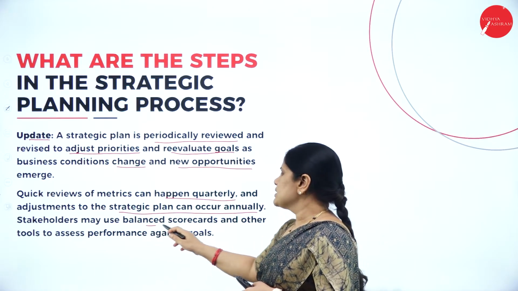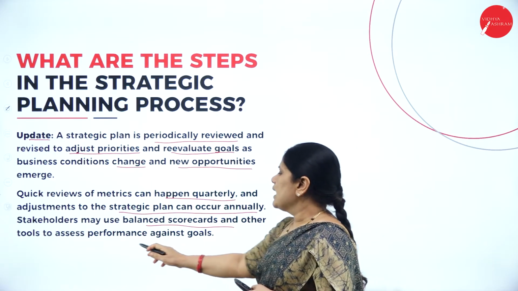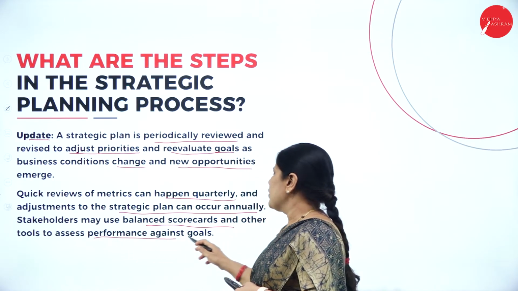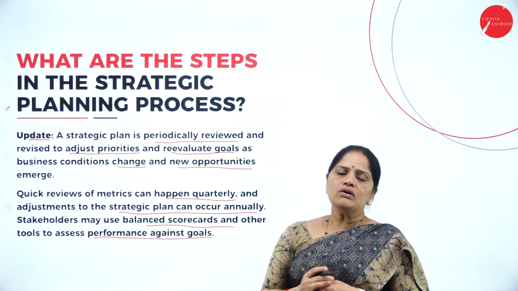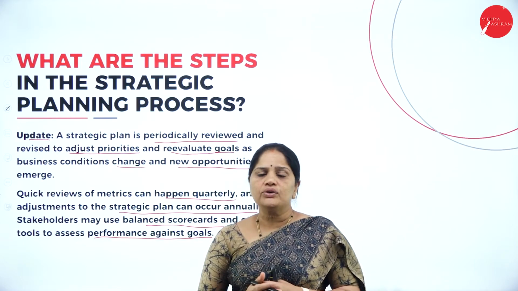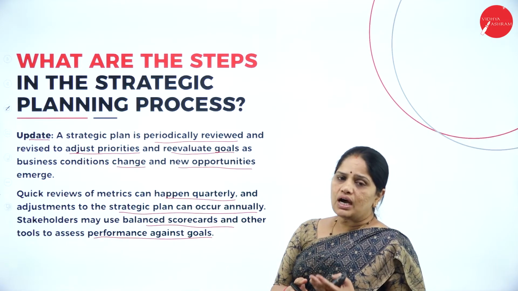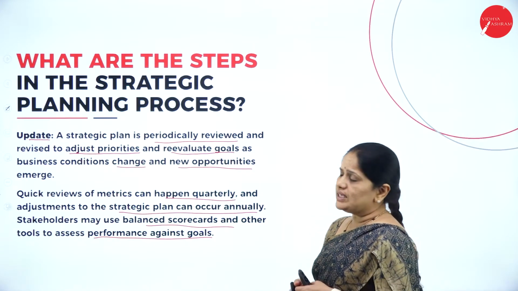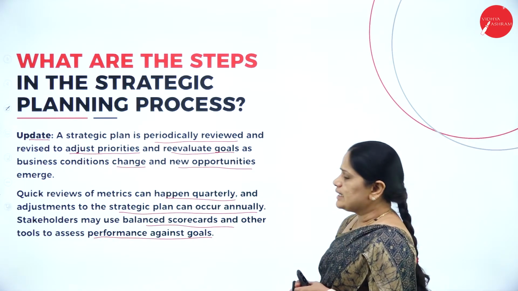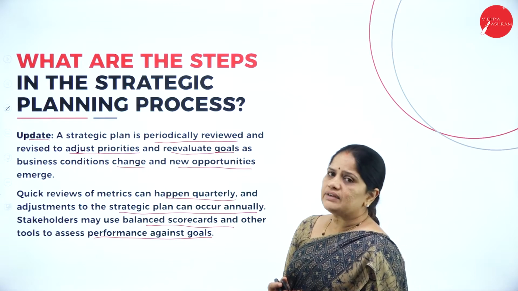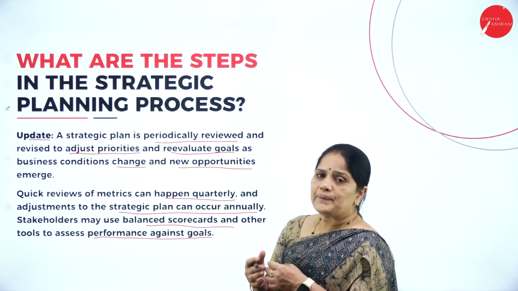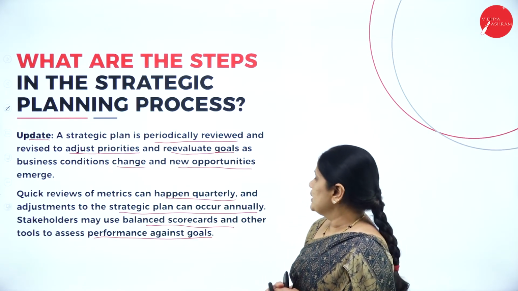The stakeholders may use balanced scorecards and other tools to assess performance against goals. Now, we need to have a quick review of the plans which are put into action. How far it is going well, that we need to review, and the review is done quarterly while the plans are put into action.